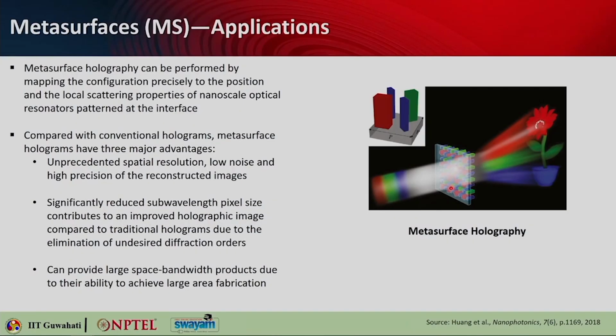So when light falls on this, okay, you can see this hologram independently projects distinct colors, like the red flower, the green peduncle and the blue pot. So all this information can be in the meta atom, and that can create this particular hologram.